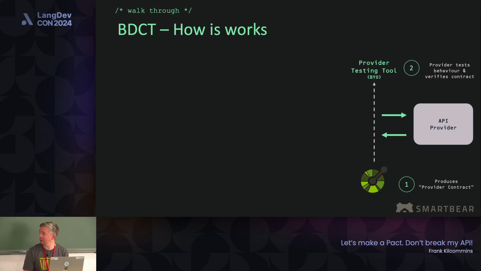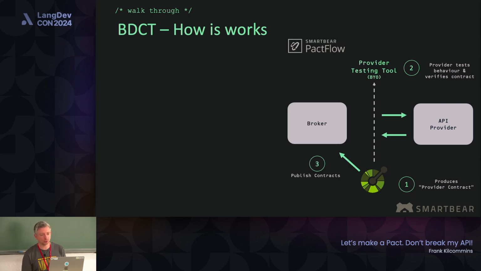So how does it work? From the bidirectional perspective, as I said, you bring artifacts that you've already made investments in, in your development lifecycle. In this instance, I have a provider. The provider produces an OpenAPI description for one of their RESTful or REST-ish endpoints. And they also provide, with a tool of their choice, proof that they have exercised tests against those endpoints to prove that they conform to what they have codified in their OpenAPI description. Once they have those two things, they can issue them to the broker, for which there's an open source broker, and then we also have an enterprise broker.